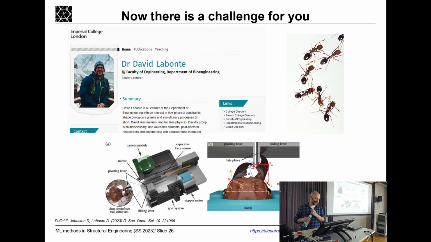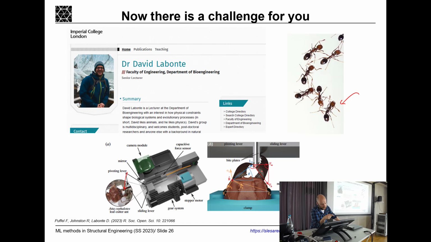This is a colleague of ours, David Labonte. He is working at Imperial College London, and he's doing amazing basic work. He's interested in evolutionary biology in relation to mechanics. One of the projects he is doing is studying ants, and they even built a device that measures the force generated by an ant when it bites a leaf.